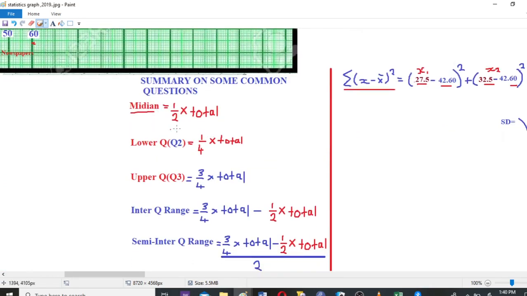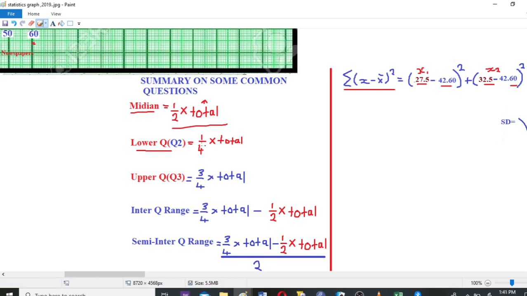So there are formulas here that you can take note of. In case you are asked to find the median, you apply this one. In this case your total is 48. You divide that into 48, then you take it on your graph and obtain the number. Again, we also have the lower quartile.